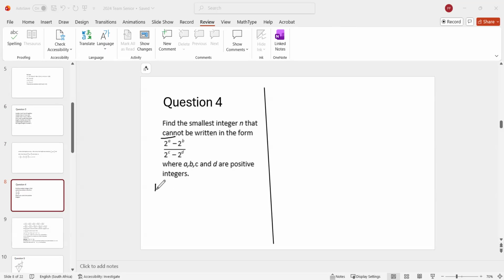So 1 is equal to, well, obviously you can't put 2 minus 2. Oh, you can make it so the denominator is the same. Right, so the numerator and denominator are the same. So 1 can be done. It's not the smallest. Let's try 2.